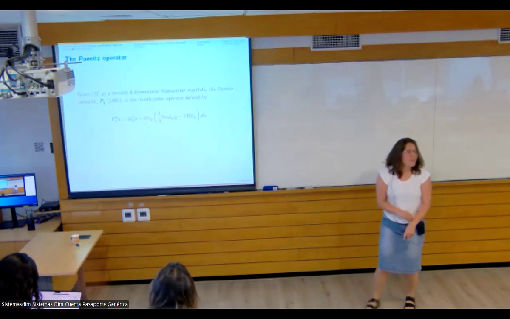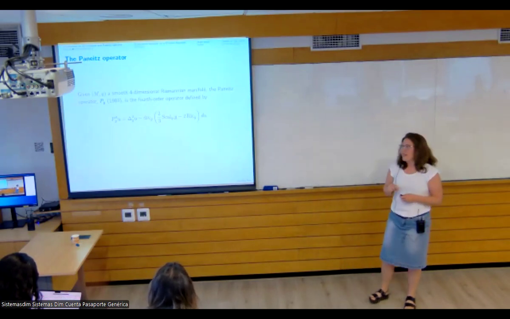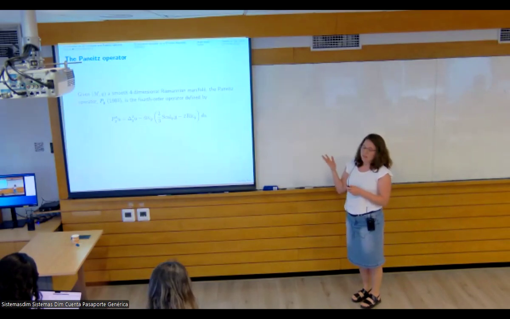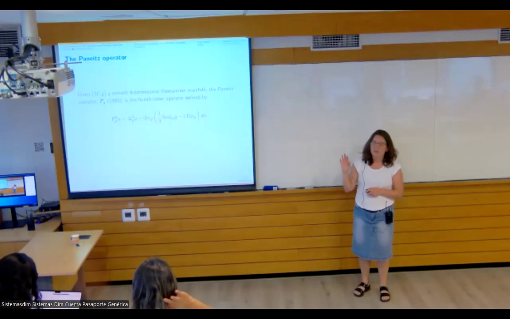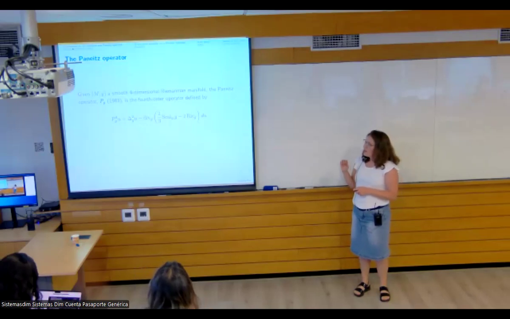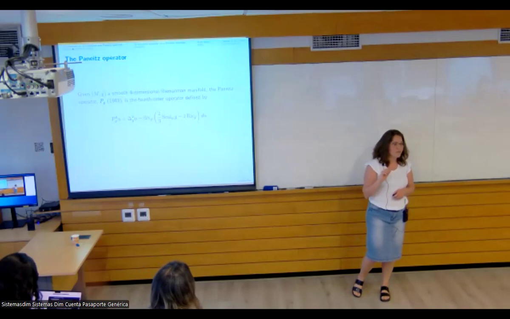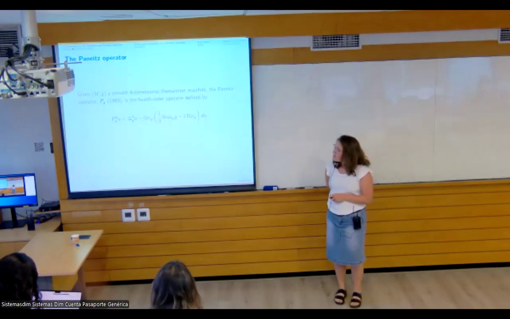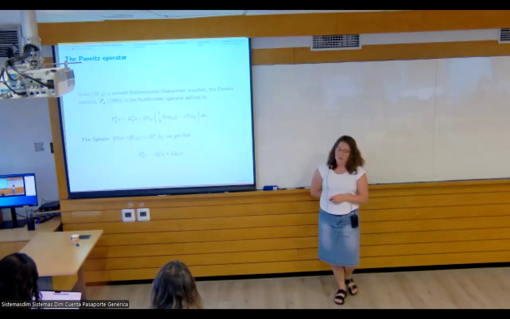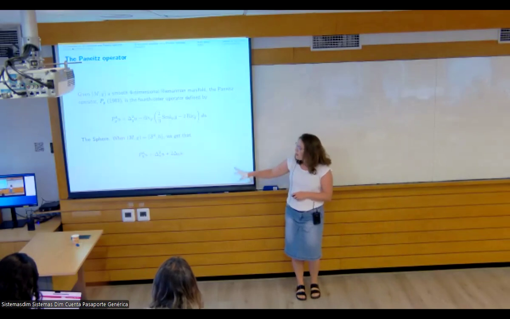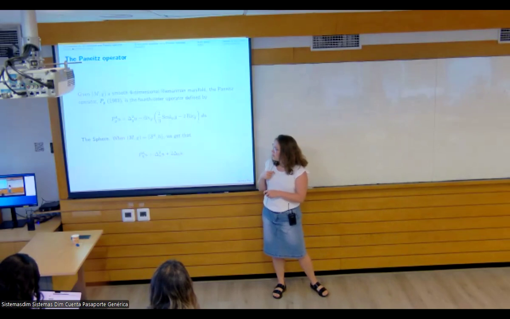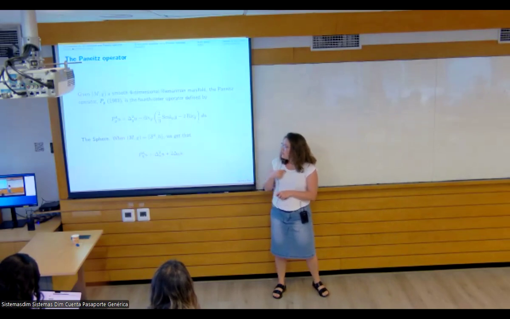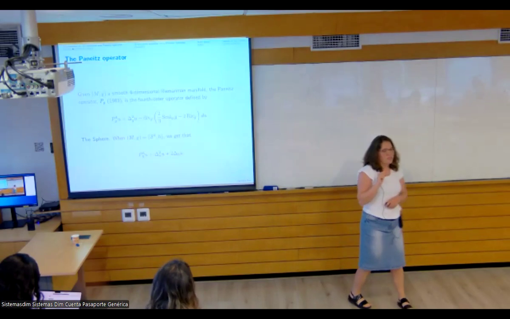In this case, the operator that will play the role of the Laplacian will be the Paneitz operator, which in dimension 4 is defined in this way. This is a fourth-order operator driven by the bi-Laplacian minus another term. For example, to simplify this operator a little bit, we can think of the round sphere, the sphere with the round metric, and it looks like the bi-Laplacian plus a constant times the Laplacian.